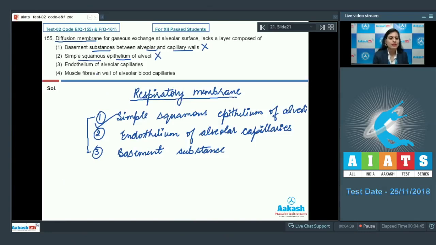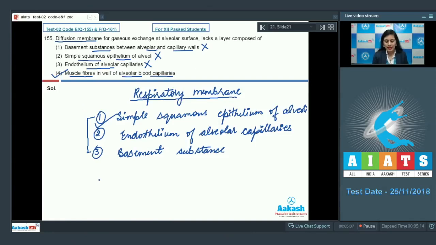Our third option is endothelium of alveolar capillaries. This cannot be a correct answer because it is involved in formation of this respiratory membrane. Our last option given is muscle fibers in wall of alveolar blood capillaries, and this is an incorrect option and is a correct answer to our question because diffusion membranes lack a layer which is composed of muscle fibers in wall of alveolar blood capillaries.